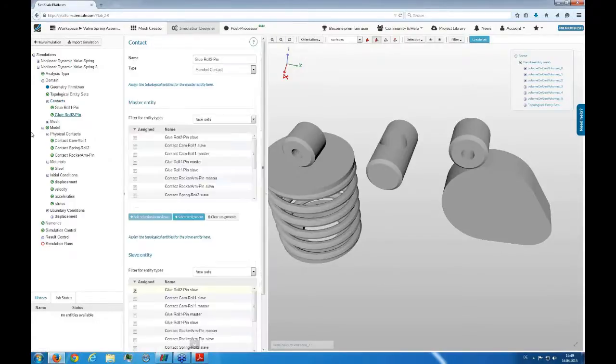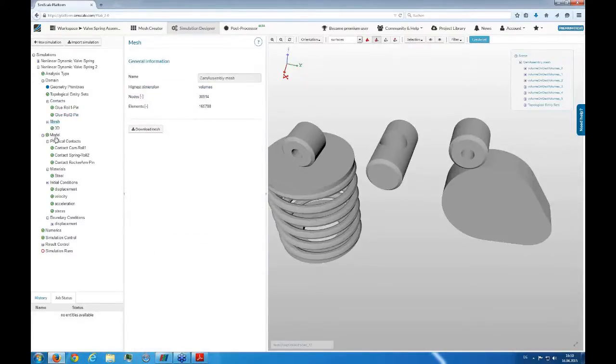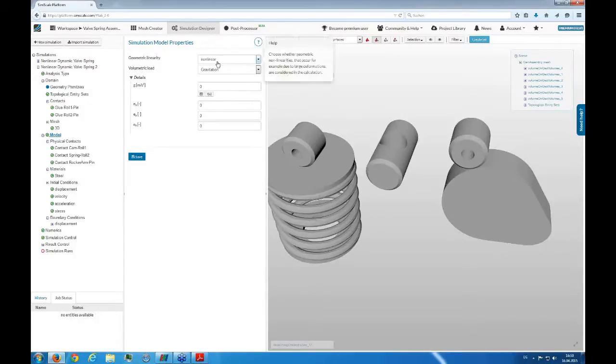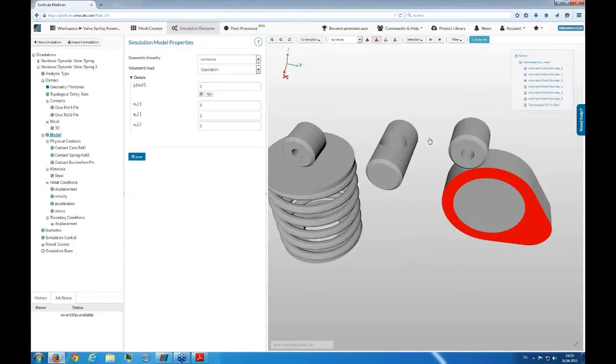Okay, so the same we do for the pin, and of course the mesh, we selected the CAM assembly mesh that we computed beforehand. One very important setting when you go to the model is that we set the geometric linearity to nonlinear. What you will have here is a rotating cam which goes through a large rotation.